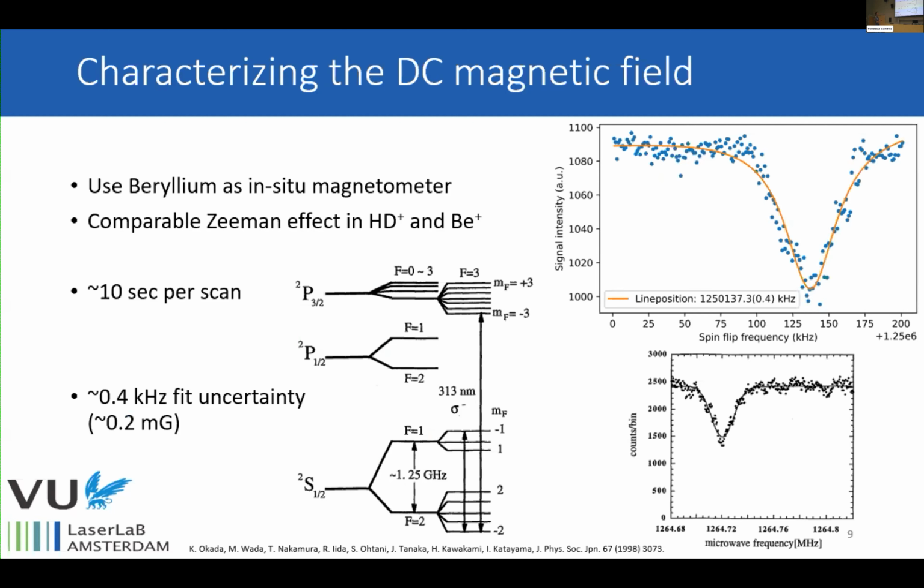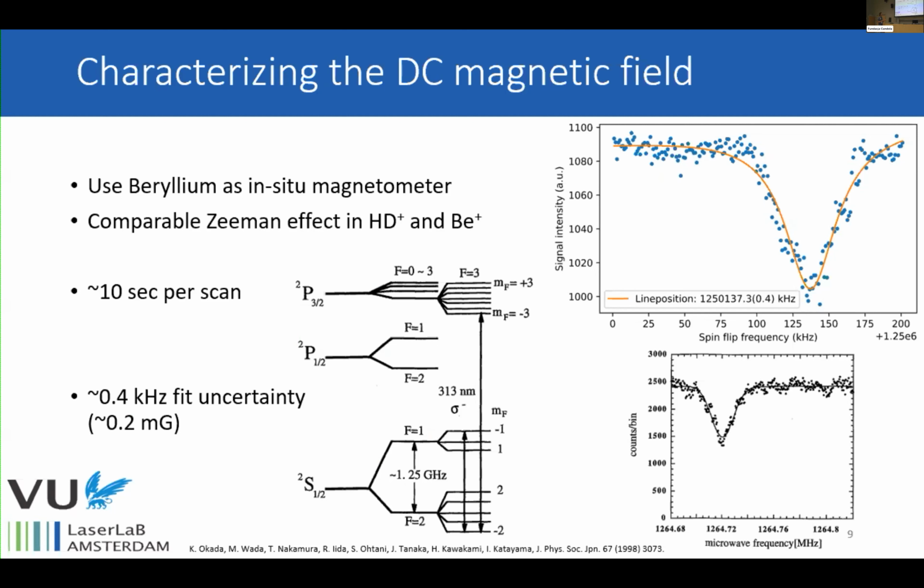This is a result which they got, and this is a result which we got. We're able to do a fit of this frequency with 0.4 kilohertz uncertainty, which means we can determine the magnetic field with an uncertainty of 0.2 milligauss. The Zeeman effect for this transition is 2.1 megahertz per Gauss.